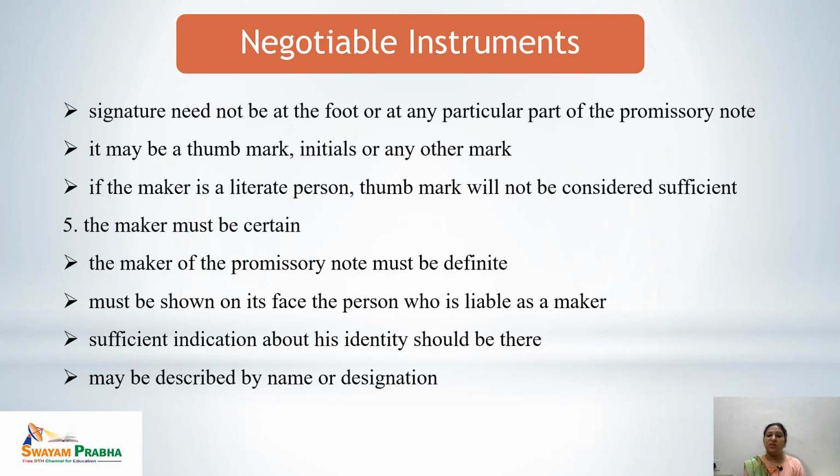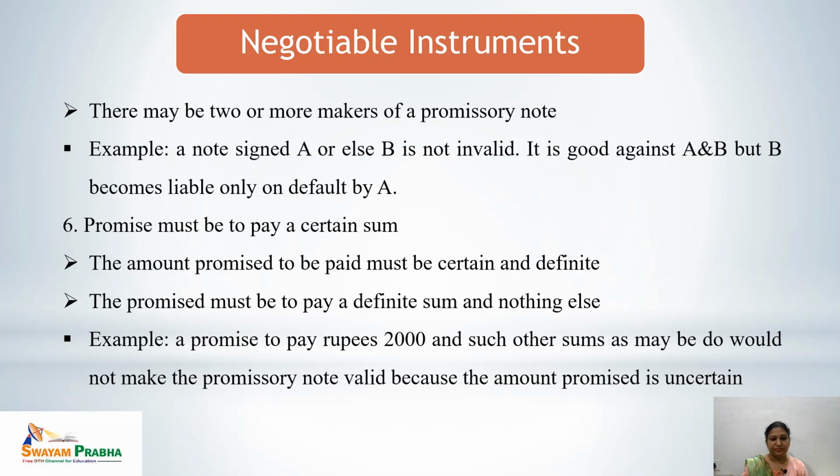Sufficient indication means the name of the person or the name of the company must be mentioned on the face of the promissory note, and it may also be in the form of a designation like CEO of company ABC. So this is also sufficient identification of the maker. That means any kind of identity of the maker, either with his own name, the name of the company, or the designation of the maker, must be mentioned on the face of the promissory note to make it a valid promissory note.